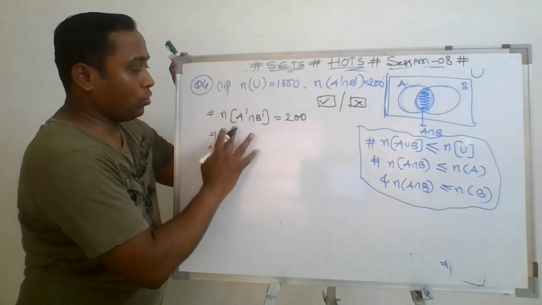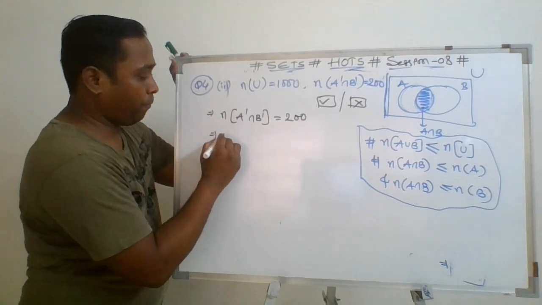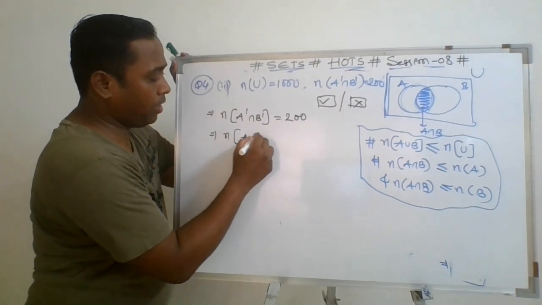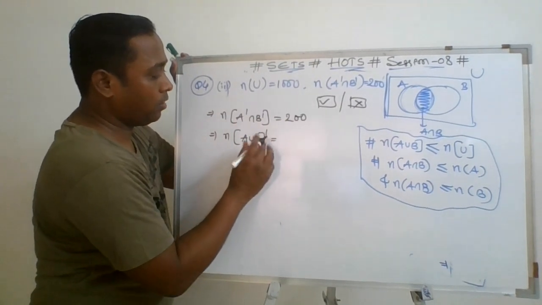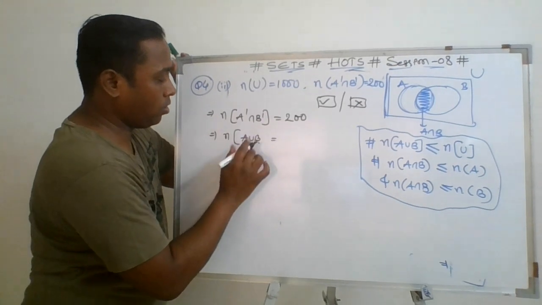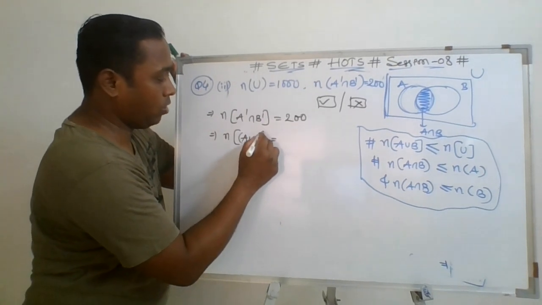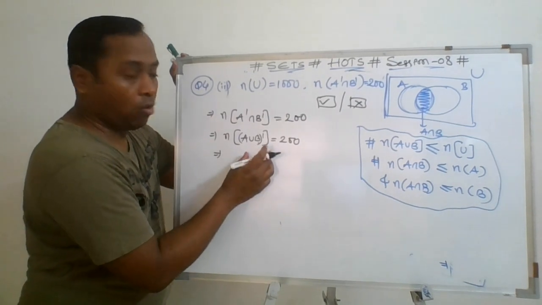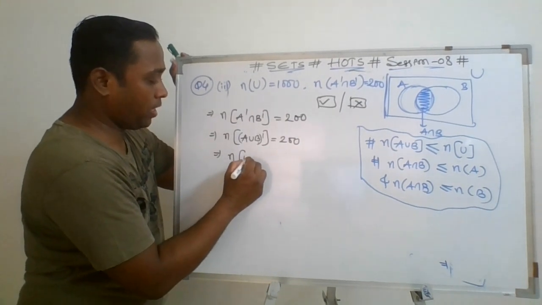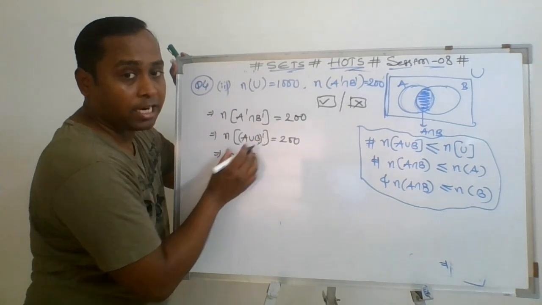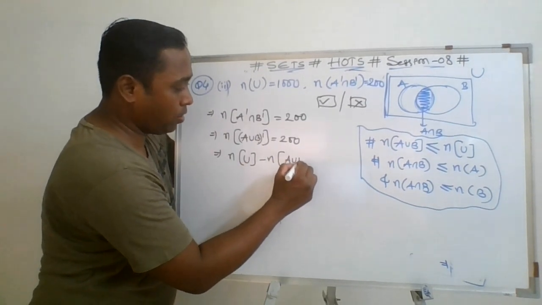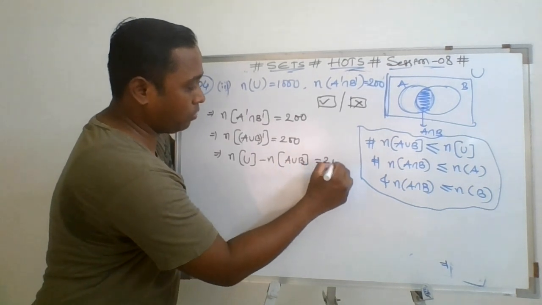Now I can use De Morgan's law here to interpret this. Getting my point? This would be A union B the whole dash, which is equal to 200. So A union B the whole dash simply means the set A union B subtracted from the universal set. So number of U minus number of A union B is equal to 200.